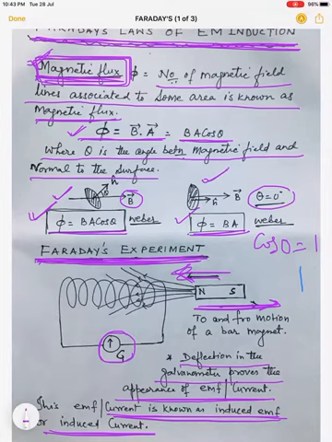By this flux change, either by increasing or decreasing, EMF is induced in the coil, and because of that EMF, a current flows in the coil, known as induced current. So I think you know about Faraday's experiment now. By changing magnetic field lines associated to a coil, one can induce current in a coil.